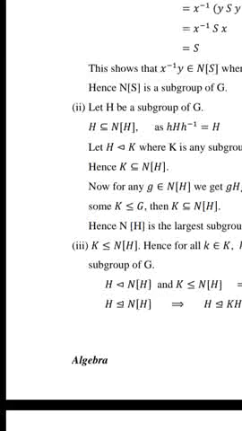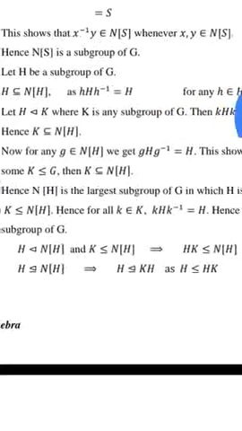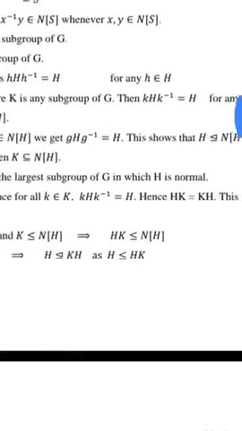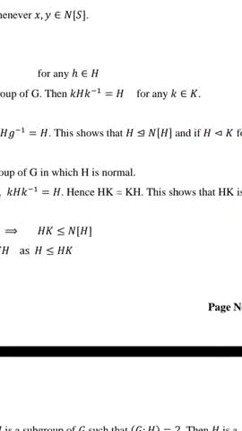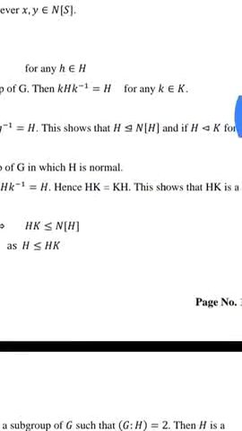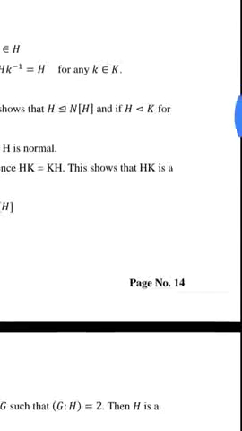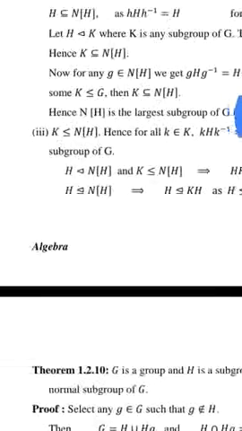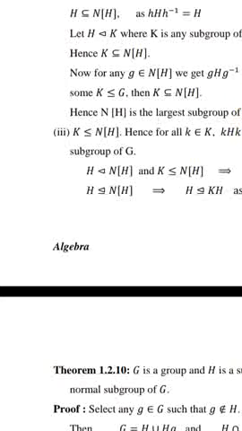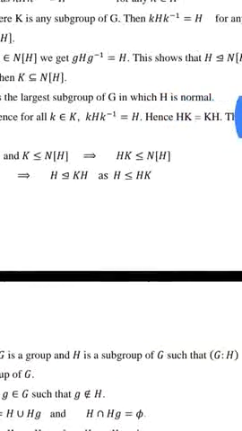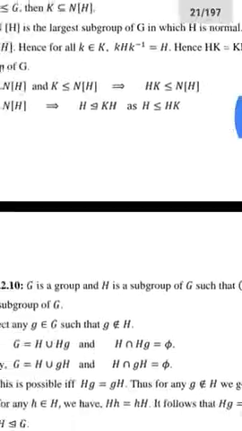Now, for any g belongs to N(H), we get g H g inverse is equal to H. This shows that H is a normal subgroup of N(H), and if H is normal in K for some subgroup K of G, then K is a subset of N(H). Hence, N(H) is the largest subgroup of G in which H is normal.